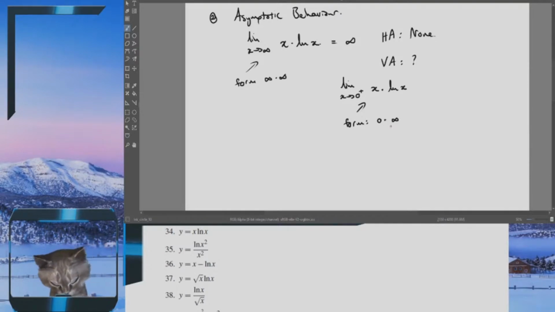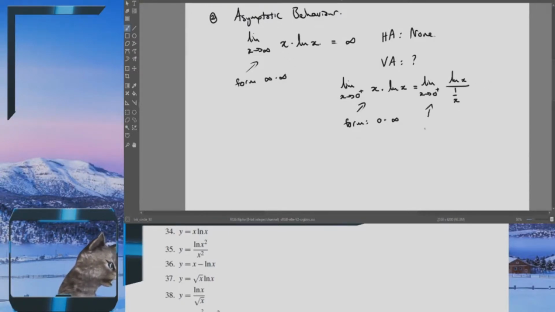So very similar to 0 over 0 or infinity over infinity, anything can happen. So what I want to do is rewrite this so that it looks like a fraction. So I'm going to put the log of x over 1 over x. Then division by a fraction is multiplication by the reciprocal, and I get my original function again.